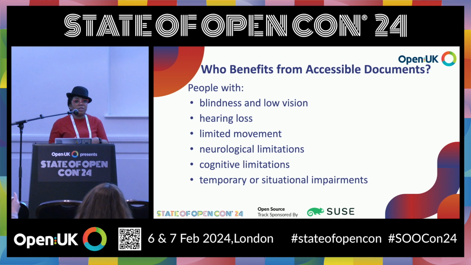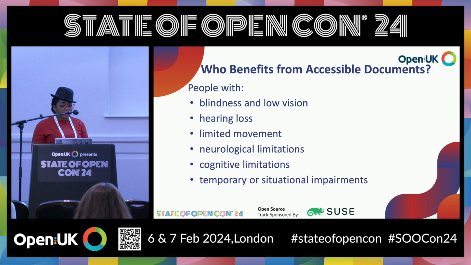These are people with disabilities like dyslexia, who find it difficult to understand your content, especially when it is disorganized, when it is not arranged. And then temporary or situational impairments. Maybe you're outside in a busy environment, you're not able to use your laptop, you're accessing it on a mobile.